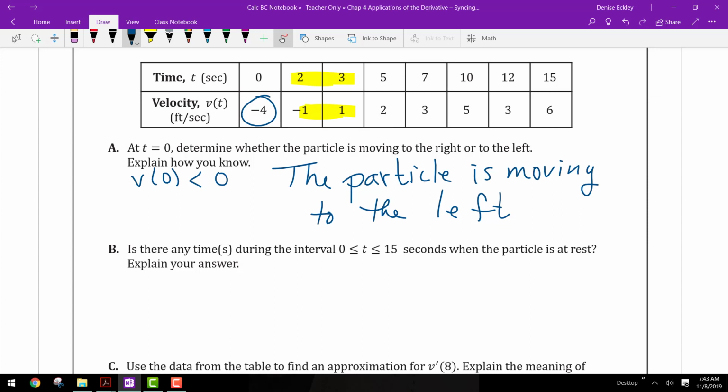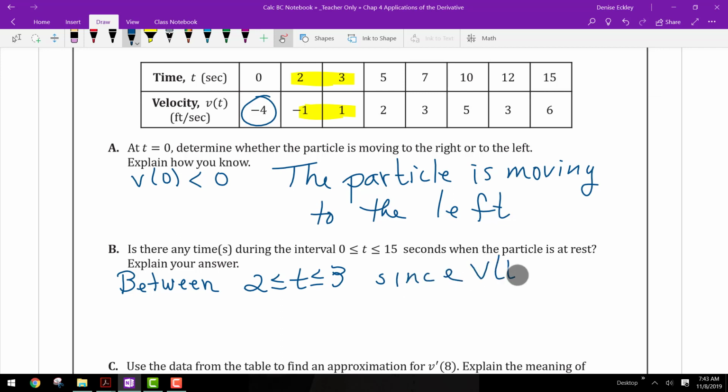So we're going to say between 2 and 3 seconds, since v of t is differentiable, which is given in the beginning, and therefore continuous. I hope you guys know where I'm going.